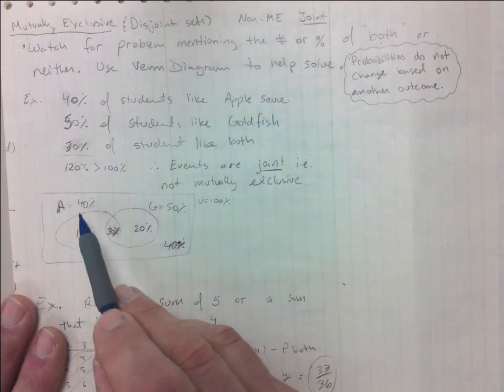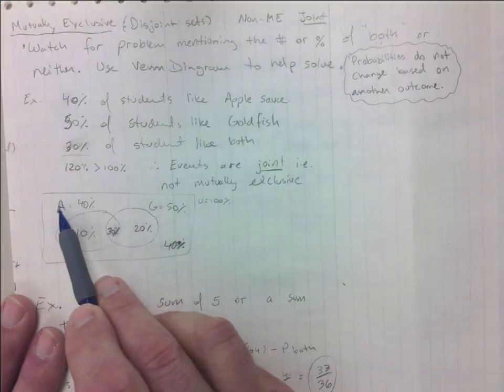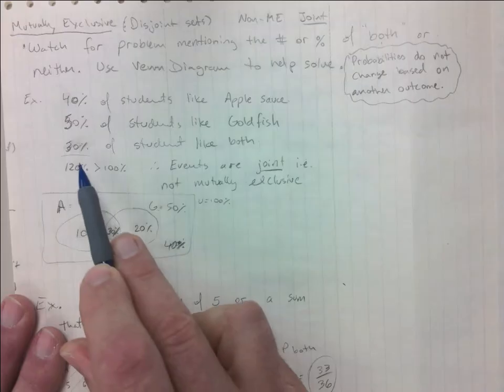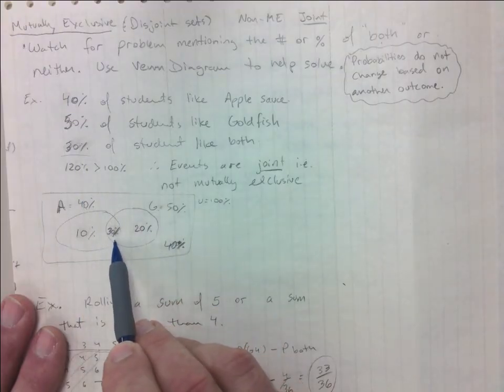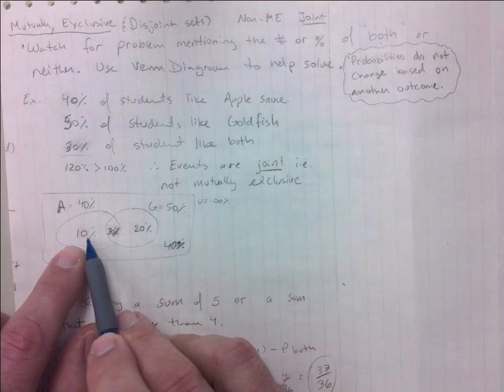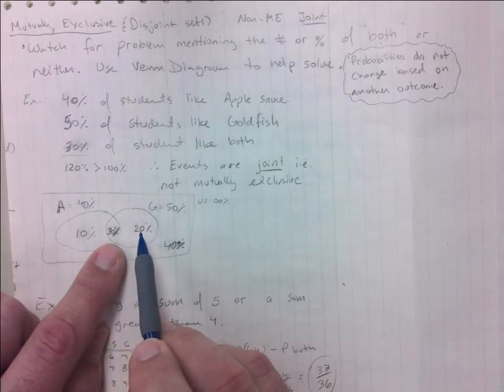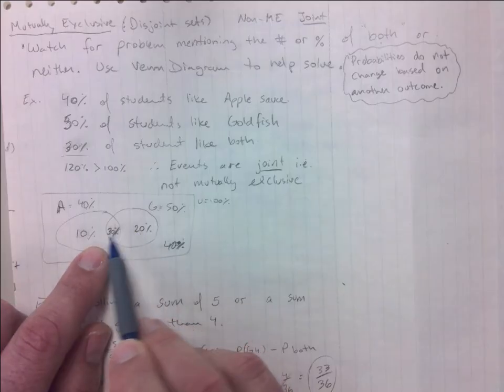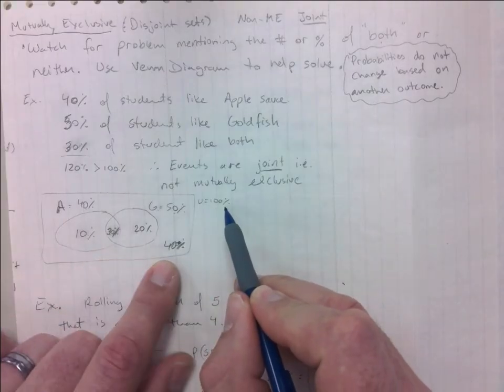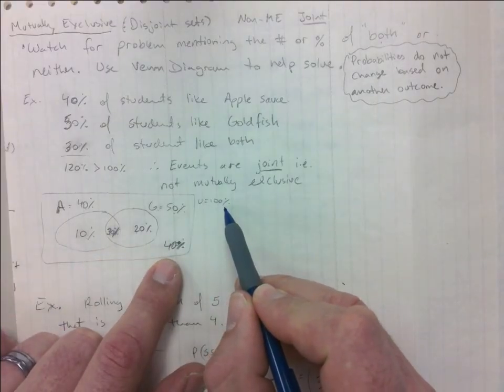So in this case, we have the A, the applesauce, G for goldfish, and we have the both, the middle. We don't need to use pi for this. I quickly figure out that this is 10 because these two combined are 40. I figure out that this is 20 because these two combined give me 50. Then since it's percentages, I know that 100% is the universal set.